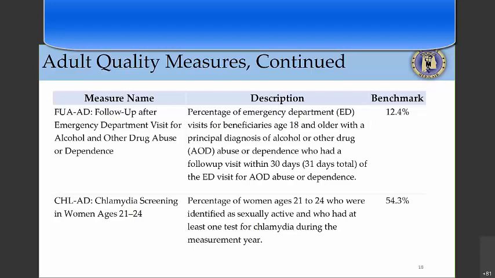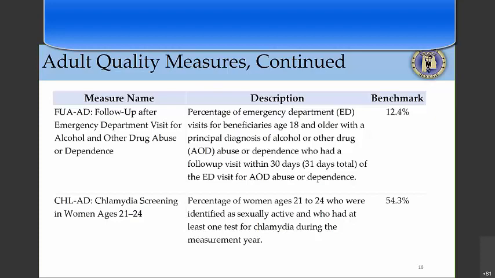Additionally, it is the percentage of ED visits for AOD abuse or dependence for which the beneficiary received follow-up within 30 days of the ED visit, 31 days total. The ED visit day counts as day 1, then to follow up. The benchmark is 0.4%.